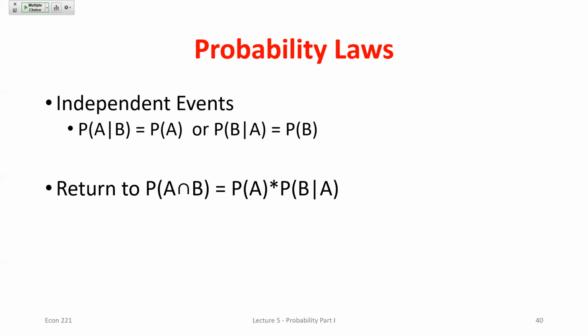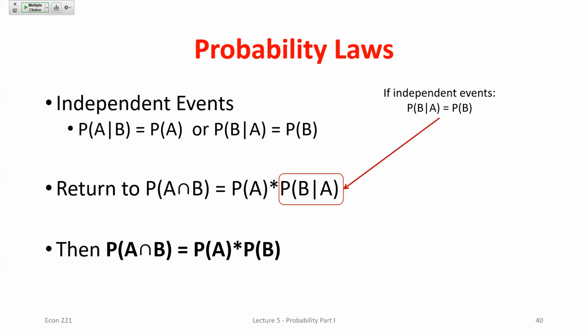Because this was our multiplication rule: the intersection is just the conditional times what we condition on. Well, if they're independent events, the probability of B conditioned on A is just the same as the probability of B, so I can plug that in. Now to find the intersection of A and B, I simply multiply the probabilities of the two events by each other. We don't have to find the conditional probability anymore, because if they're independent, the conditional probability is just the same as the unconditional.